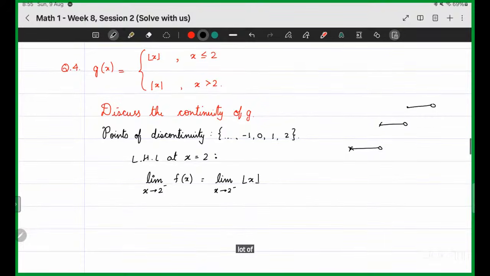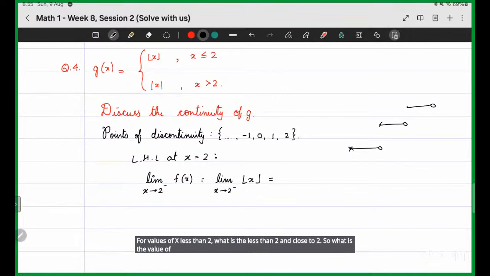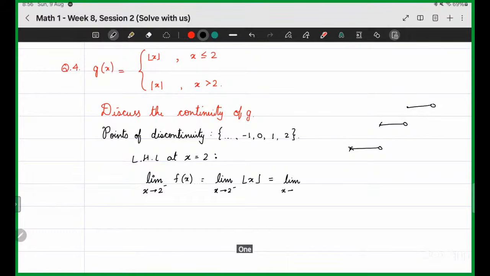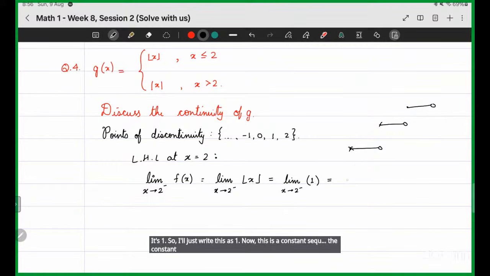So I want the greatest integer function, and for values of x less than 2 and close to 2, what is the value of the greatest integer function? It's 1. So I'll just write this as 1. Now this is a constant function, so the limit is just the constant itself.